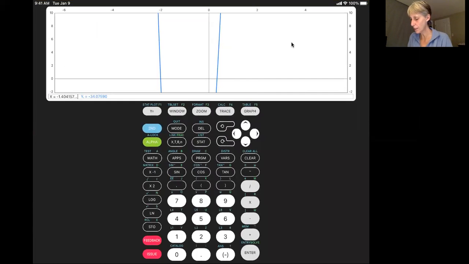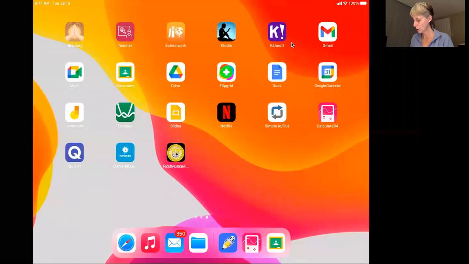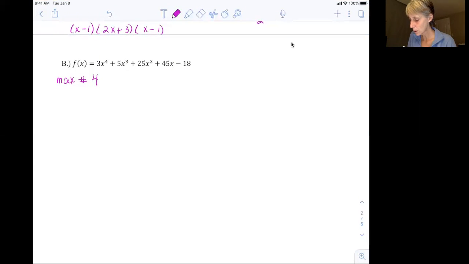I'm going to see if this is on the list. So I go to my table and I look at my negative values. And I see when I plug in -2, I get 0 as my answer. So I'm going to use -2. Right? I'm going to use -2 to help me factor.